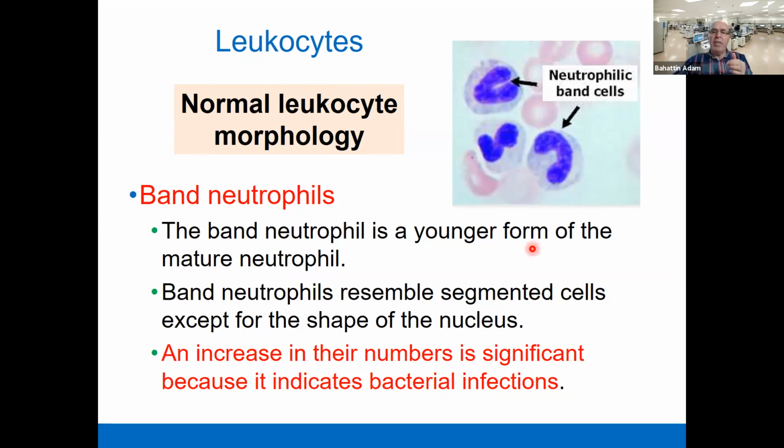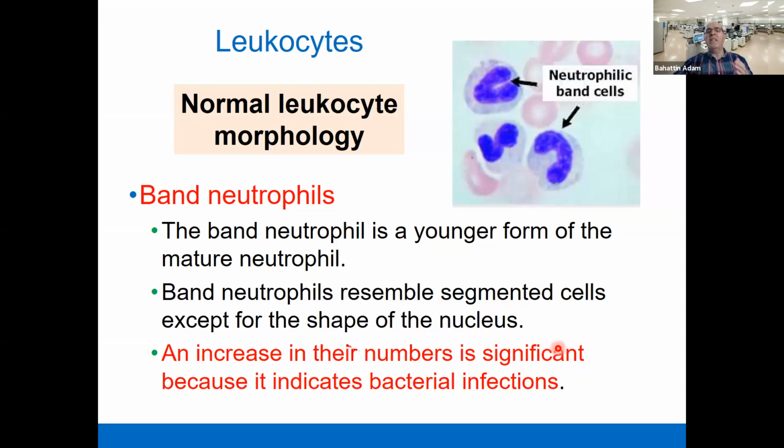The band neutrophil is a younger form of the neutrophil, and as you see, the structure of the nucleus is distinct for band neutrophils, and an increase in their number is significant because it indicates bacterial infections.